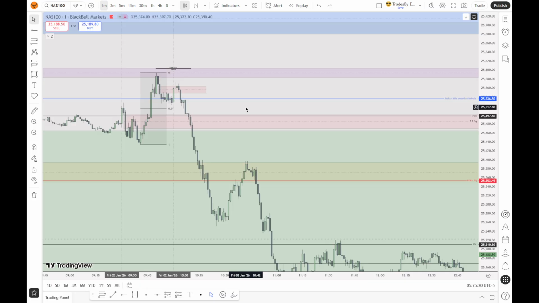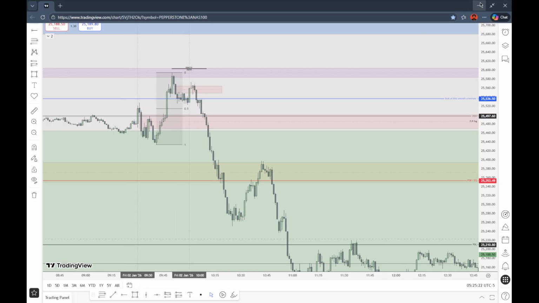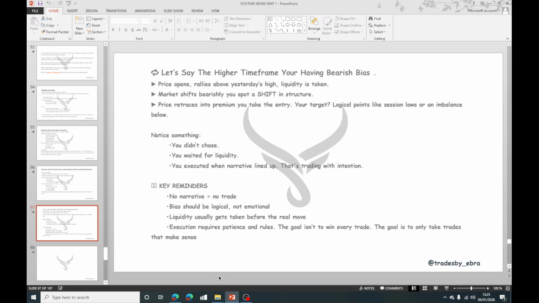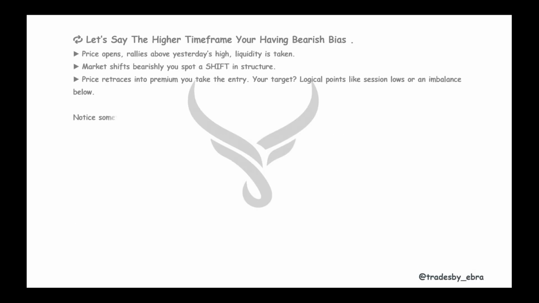Okay, so let us go back into the charts in here, on the slide, sorry. Something to notice: you didn't chase. You waited for that liquidity to be taken out. You waited for that buy side, that previous day high, to be taken out.